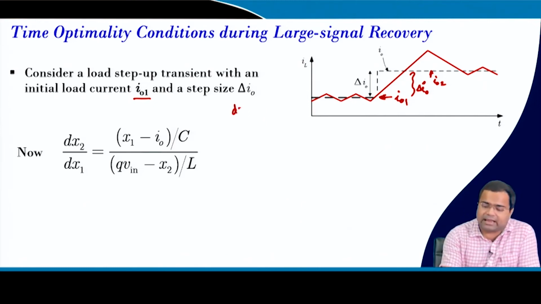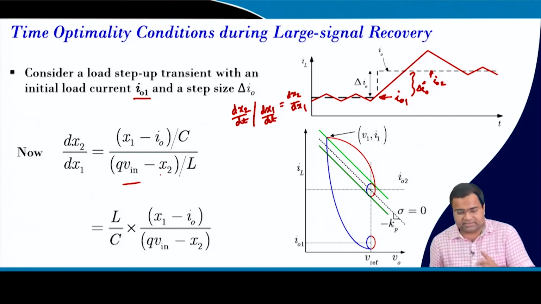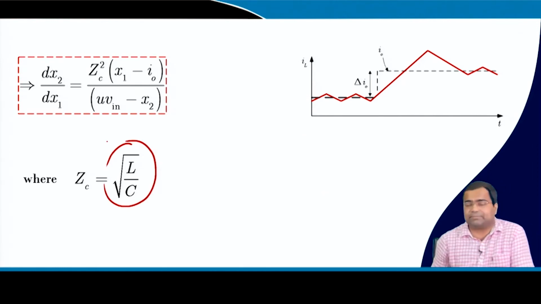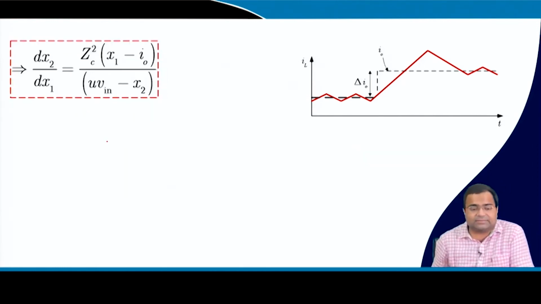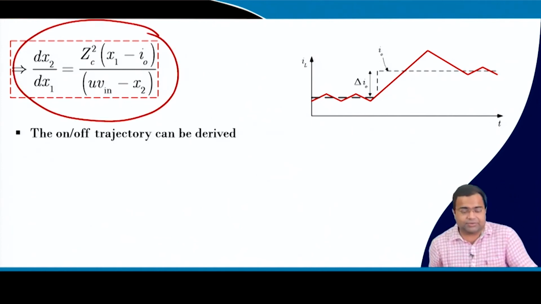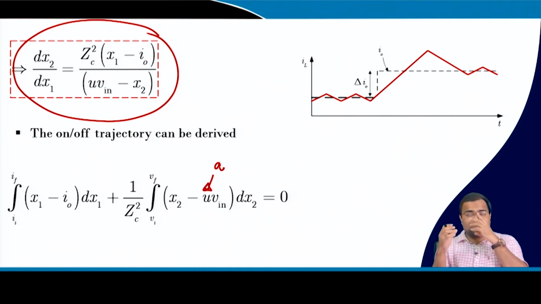So, now we can write dx2/dt divided by dx1/dt, and that will give you dx2/dx1. Here ZC is nothing but the characteristic impedance, square root of L by C. Next, we have this equation and you need to solve it, and if you solve it, it will give the trajectory equation. The common solution is this, where q, or here u, determines the state, and it is nothing but q equal to 1 or 0.